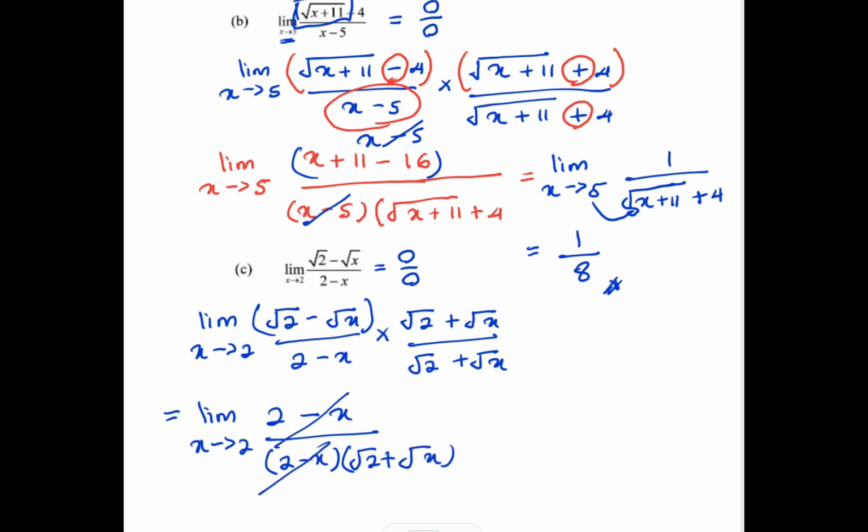This we can simplify, so you get limit x approaches 2 of 1 divided by square root 2 plus square root x. When you solve this, you get 1 over 2 square root 2. So that is the answer for question C.